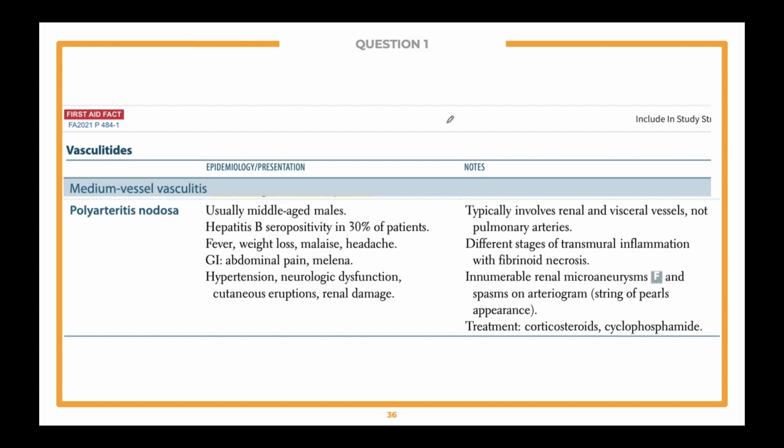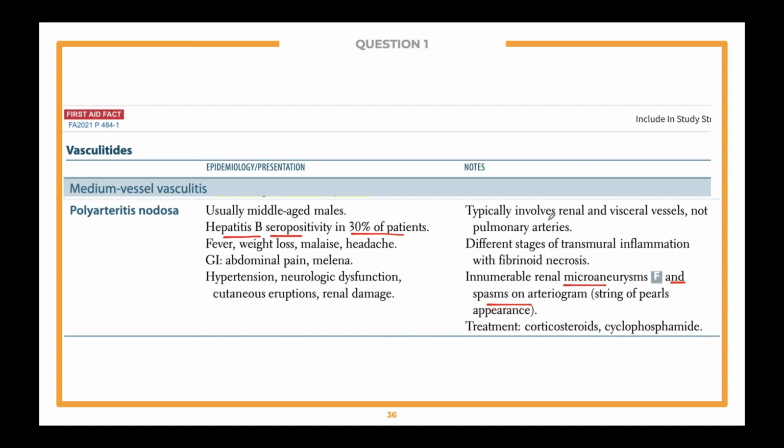Same thing, the blood vessels that feed the kidneys can be affected, so you can have kidney injury, and this patient did have an elevated creatinine. One of the characteristic findings is microaneurysms on arteries, which is another clue that points you to polyarteritis nodosa. They also talk about hepatitis B often being positive in these patients, so this is something you would want to check in this patient.